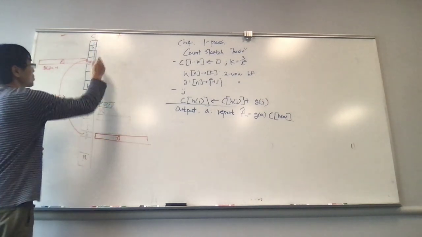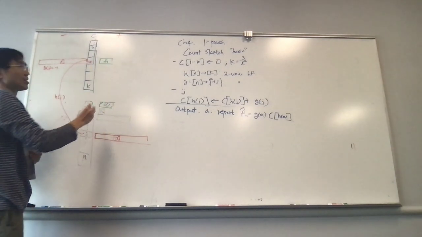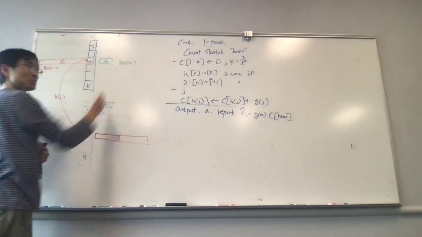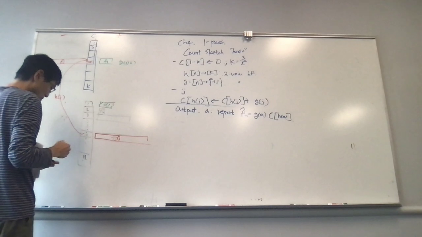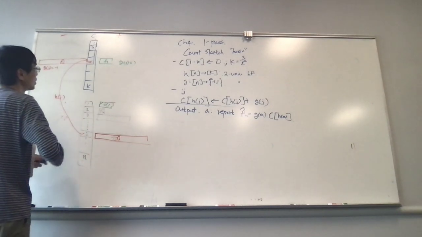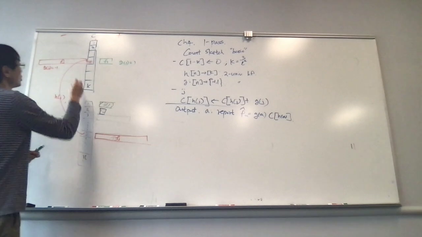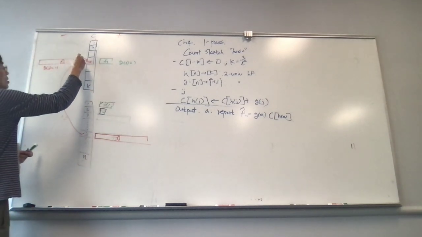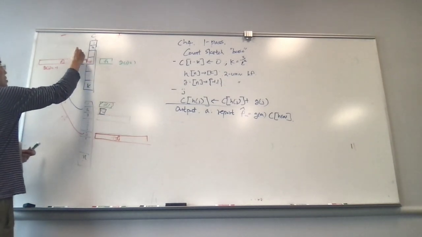Maybe this one was assigned to the same slot. f1, because g1 is 1, so it's on the positive side. And f2, maybe it goes to the same slot, but this time it goes to the negative side.